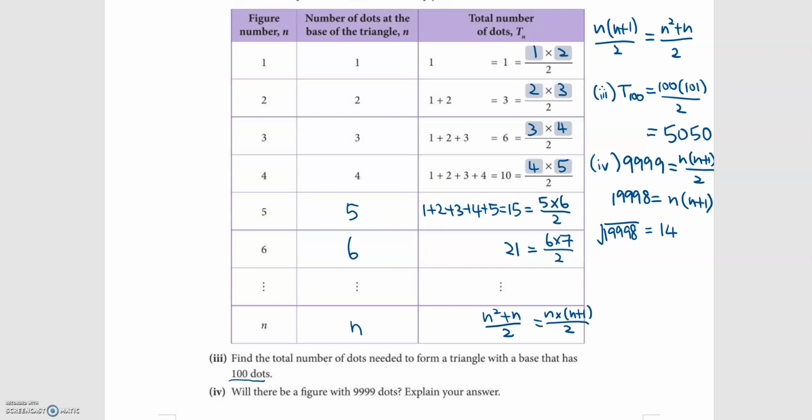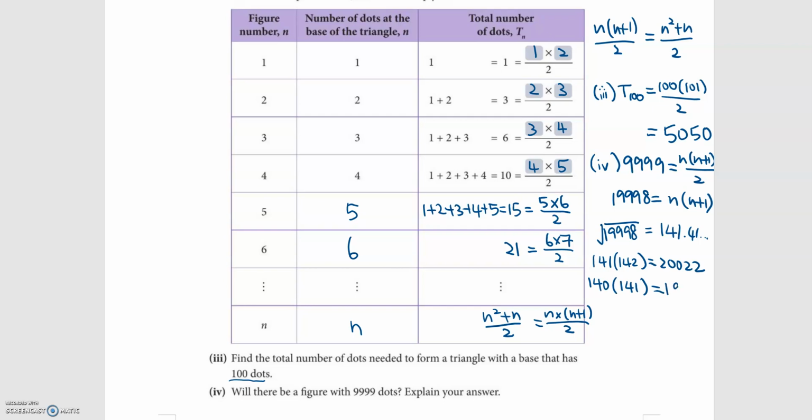It's 141.41 and so on. So I'm going to try: what if I have 141 times 142? 141 times 142 gives me a number that is bigger. So I will try to see if I can get a smaller value. How about 140 and 141?